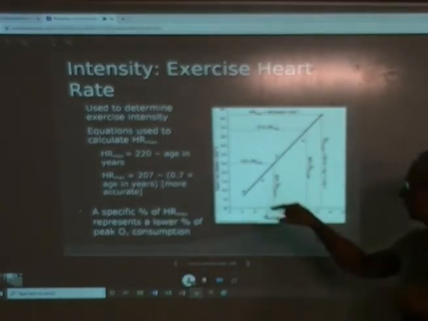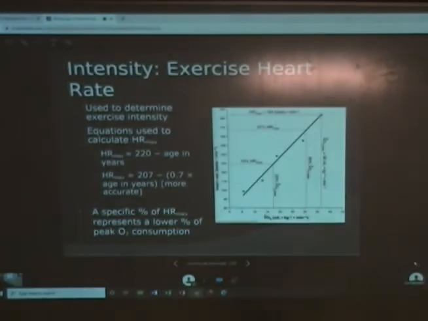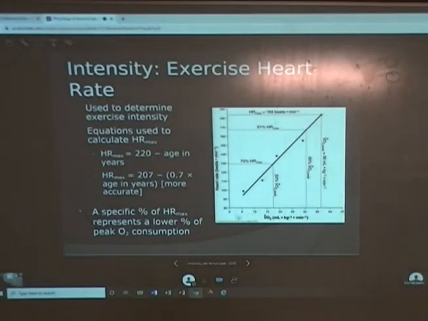So on this chart, it gives you percentage VO2 along the bottom and percentage heart rate along the y-axis, and you can see that there's a strong linear relationship between the two. So this allows you to convert.